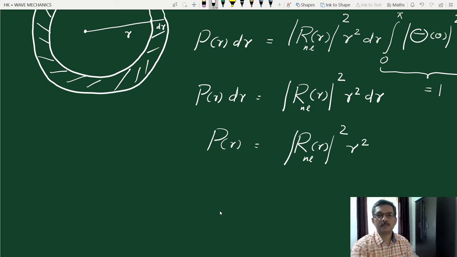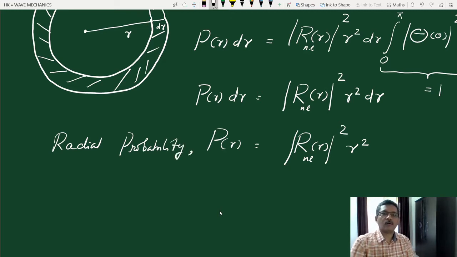Now this term is often called radial probability: the probability per unit length of finding the electron at a radial distance r around the nucleus. So this is called radial probability.